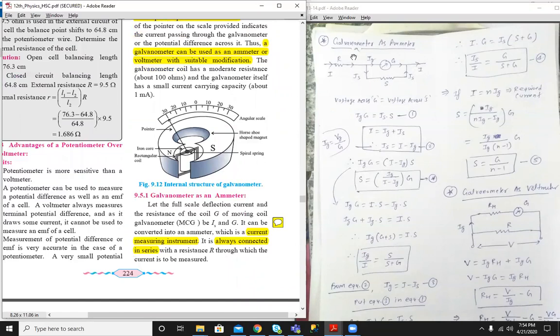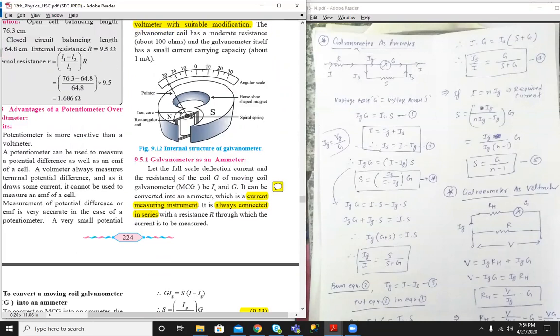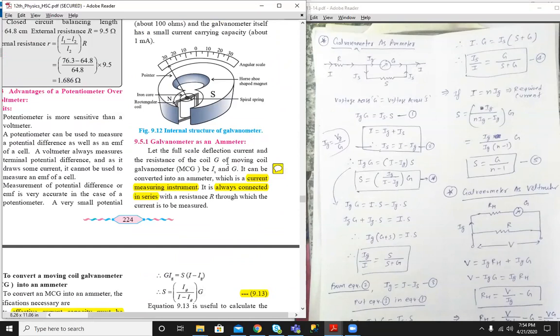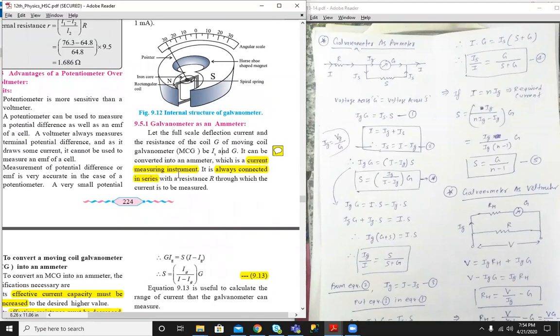I have notes here on how the galvanometer can act as an ammeter. Let the full scale deflection current of the galvanometer be Ig, and G the resistance of the galvanometer. An ammeter is a current measuring instrument.